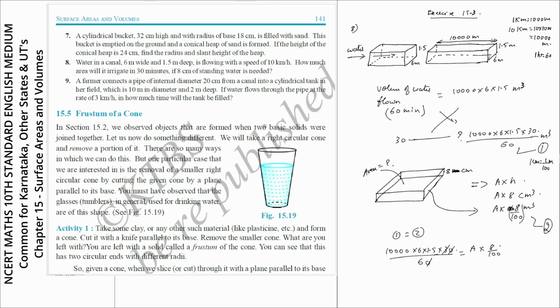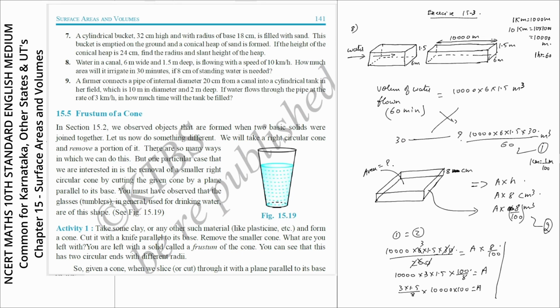3 1s are 3, 3 2s are 6, 2 1s are 2, 2 3s are 6. Now I'll get 10,000 into 3 into 1.5. If I cross multiply, 8 by 100 on the left hand side, when I take it to the other side, it becomes 100 by 8. So area is equal to 3 into 1.5 by 8 into 10,000 into 100.